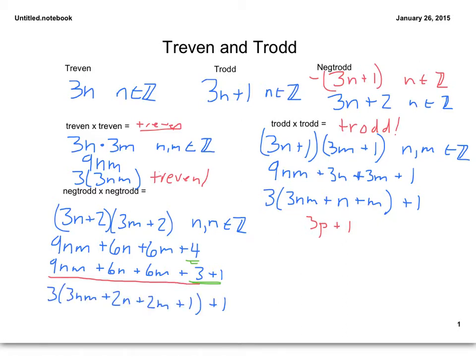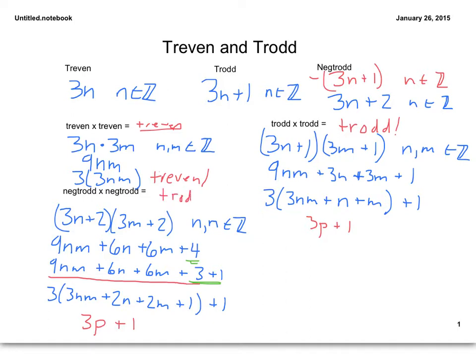So making sure that I did this right, that's going to multiply to 9nm. That times that will be 6n. That times that will be 6m. This times that will be the 3. And then I got that plus 1 over there. And all of this here, all that mess, that's just an integer. So ultimately, this has the form of 3 times some integer plus 1, which is trodd.